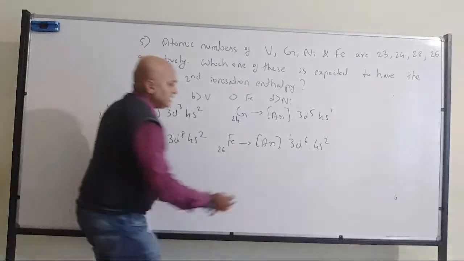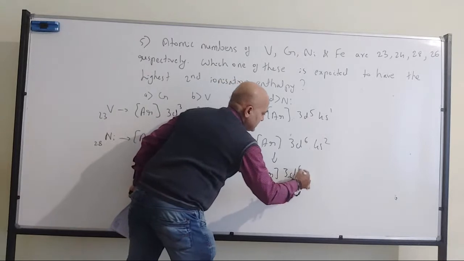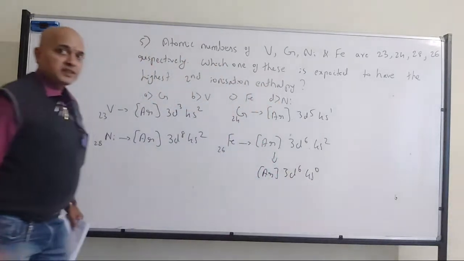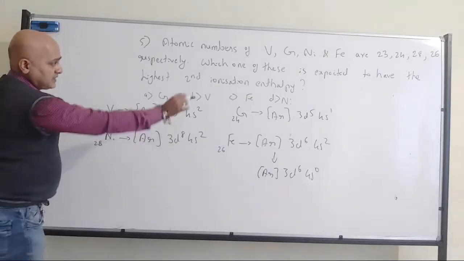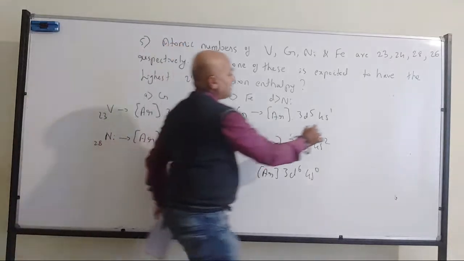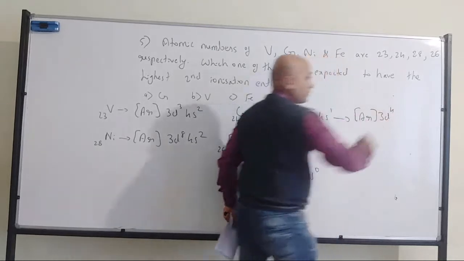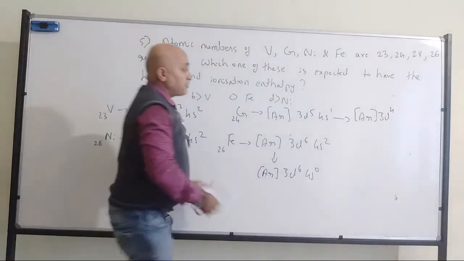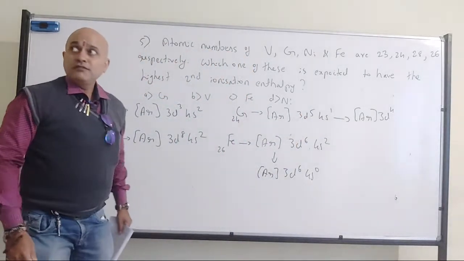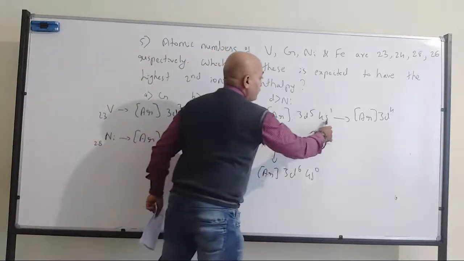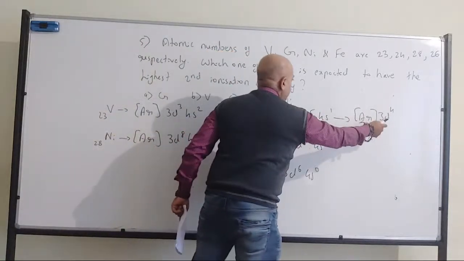If I remove the electrons from iron, it will become Fe2+, that is ferrous, 3d6 4s0. But when I talk about option A, chromium, if I remove the first electron it will become 4s0, and then removing the second electron from here, it will become 3d4.